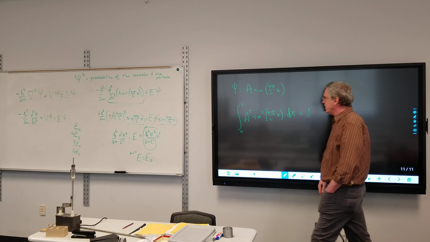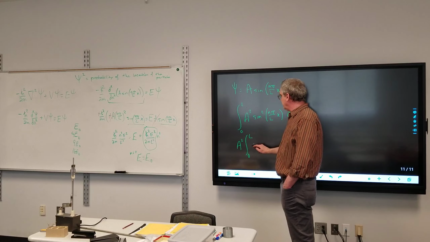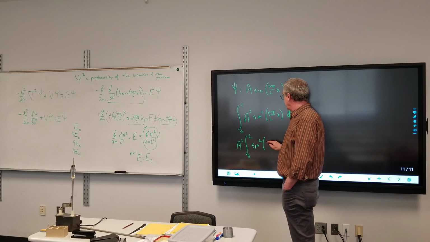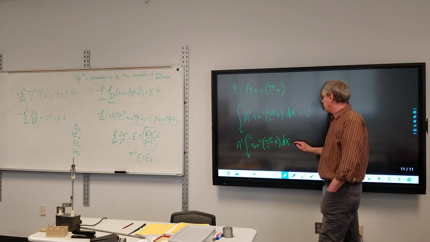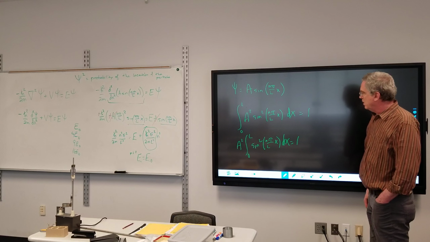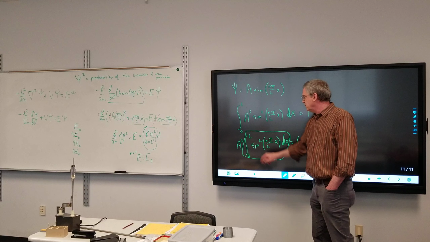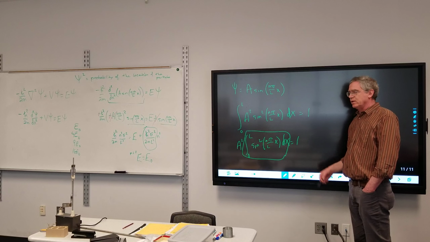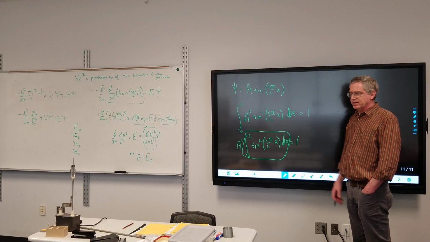We can factor the A squared out, it's a constant. So A squared integral from 0 to L of sine squared n pi over L x dx equals 1. So basically I'm going to solve this integral right here, and I know that times A squared is going to have to equal 1. And so once I have that, I can easily solve for A.